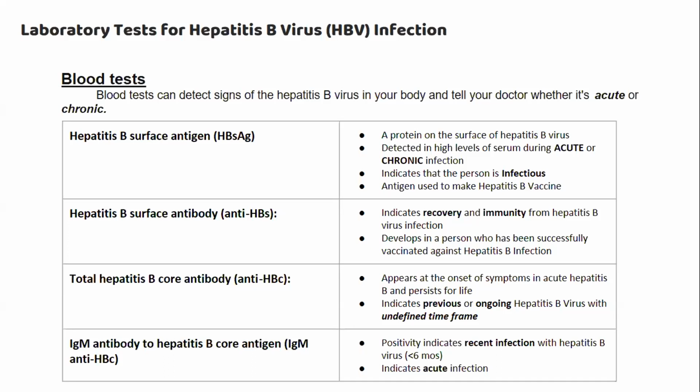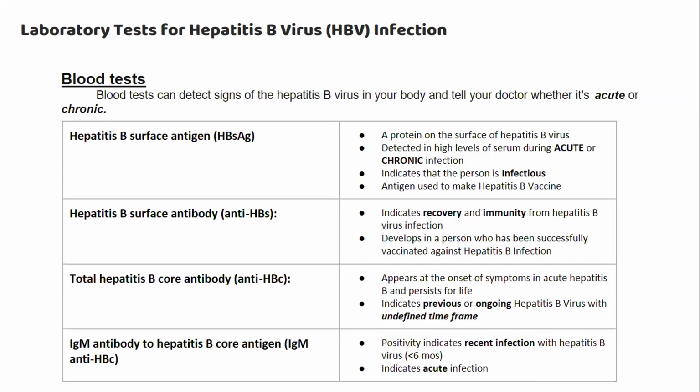Next is the hepatitis B core antibody. So if you have a positive or reactive hepatitis B core antibody, it means that you have a previous or ongoing infection with the hepatitis B virus in an undefined time frame. So this hepatitis B core antibody will not provide any protection against the hepatitis B virus.